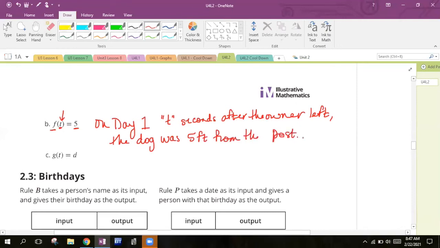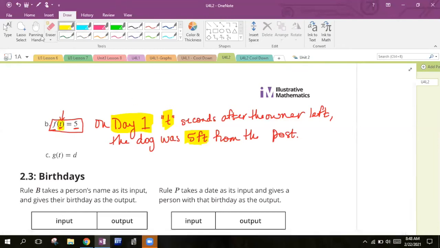Now that we know that function, we can easily figure out what T is. If we have the graph, you can go back and look on day 1 at 5 feet and figure out what our time is at that point. We can look on this graph and figure it out.